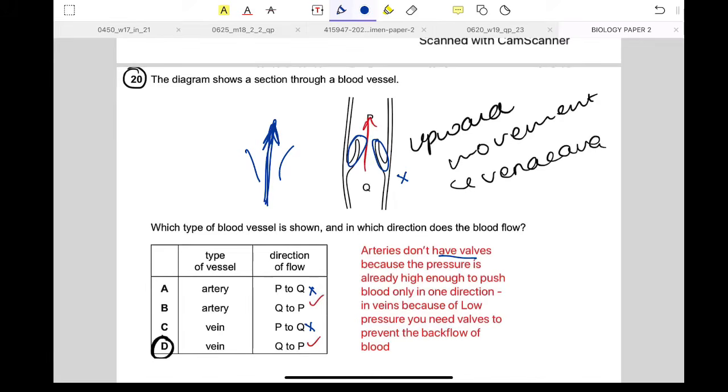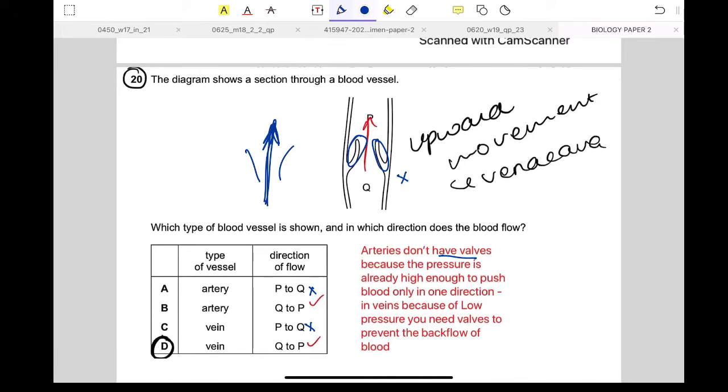Now this is actually kind of a tricky question because if you don't think about it initially, you will get confused. Arteries do not have valves, and this is a mistake that I made where I got confused and forgot that arteries do not have valves. So sometimes these kind of trick questions can come. Remember, arteries do not have valves because they already have a very high blood pressure.